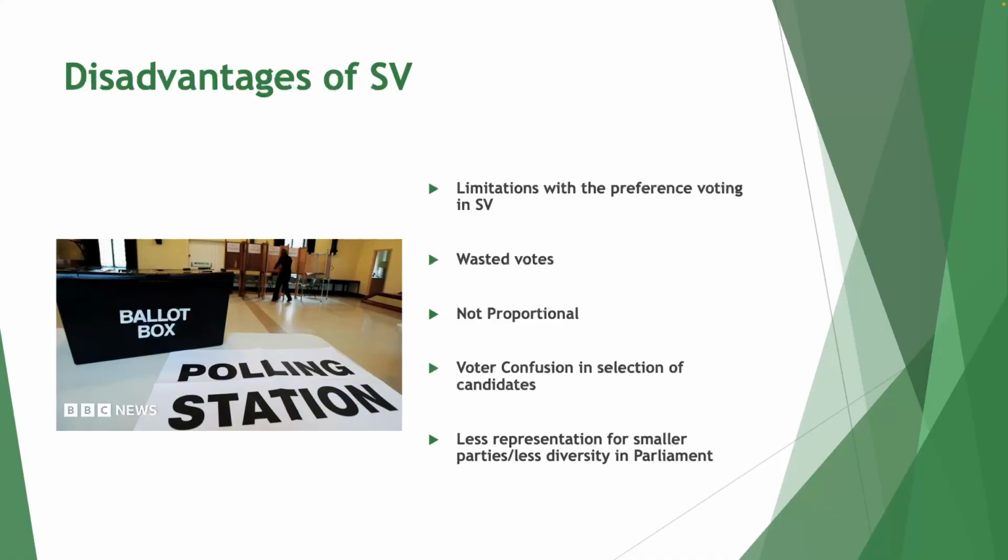And when you've got smaller or fringe parties that struggle to gain significant traction, this makes them less competitive for second preference votes, and so it has a problem of essentially having less representation for smaller parties.